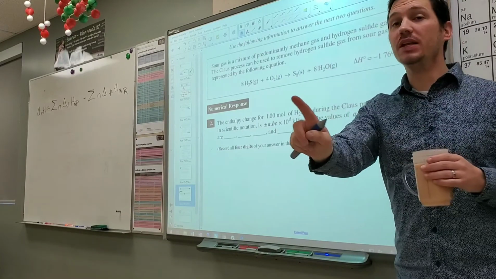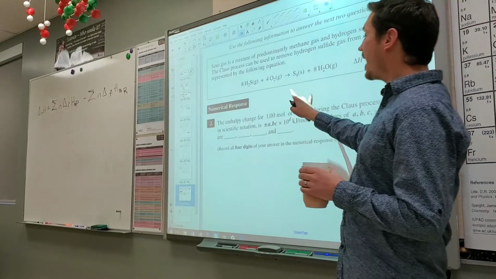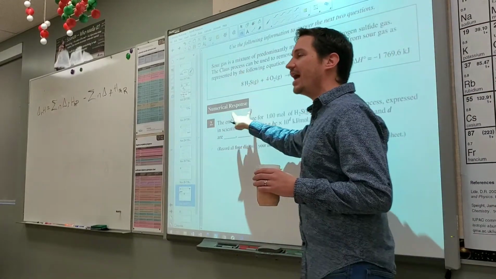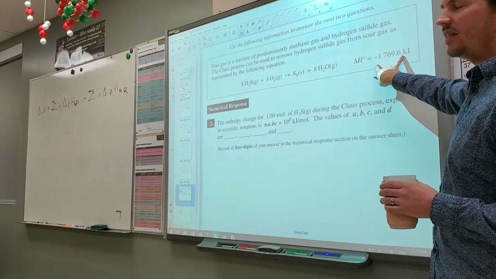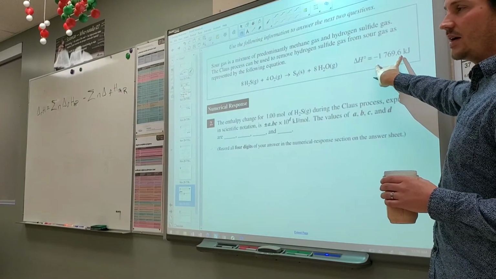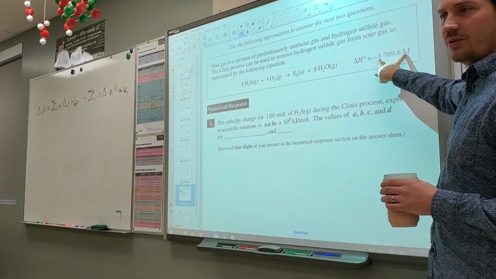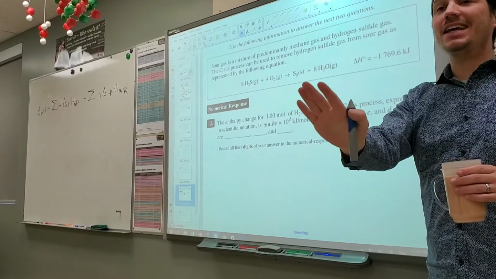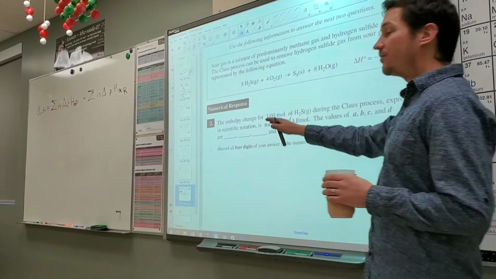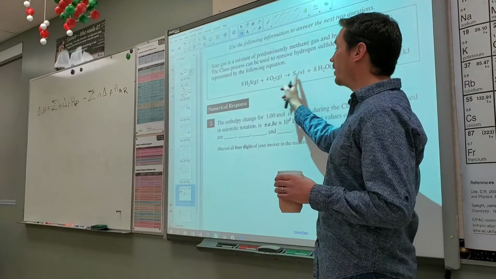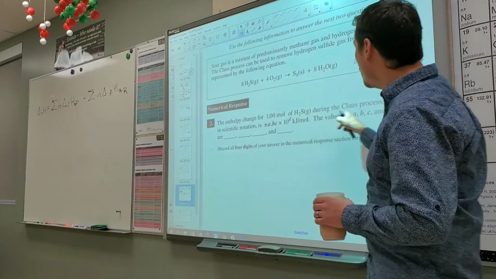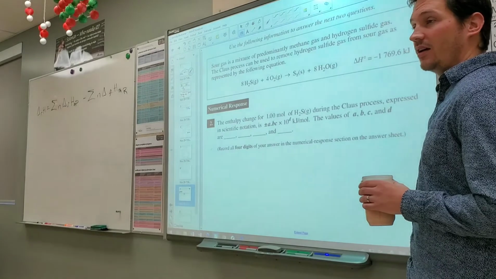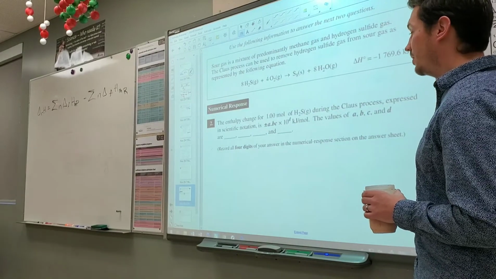But usually with enthalpy of formation, we add up all the products, subtract all the reactants, and end up getting the enthalpy, but we're already given the enthalpy of this reaction. Is it asking us for an enthalpy of formation of one of these things? No, so we can't use enthalpy of formation here.